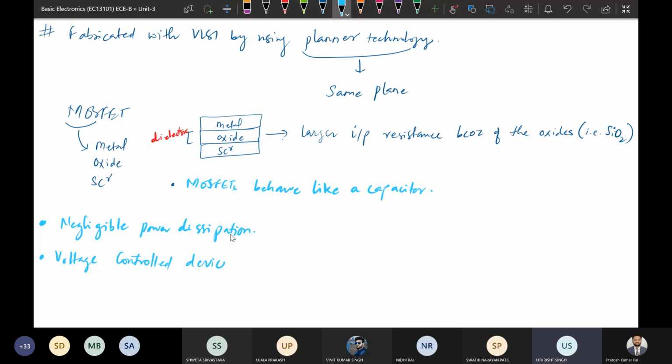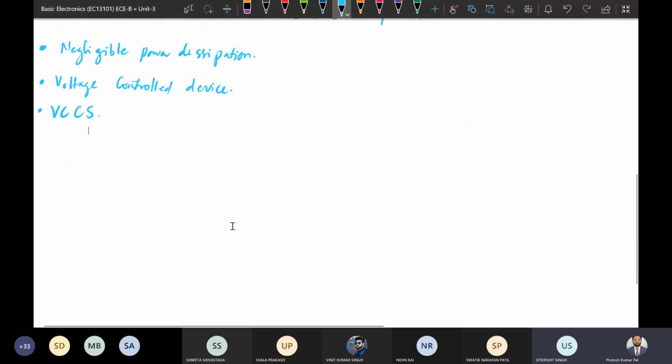Voltage controlled means we provide the input as a voltage, and the output we get is current. So it is a voltage controlled current source.